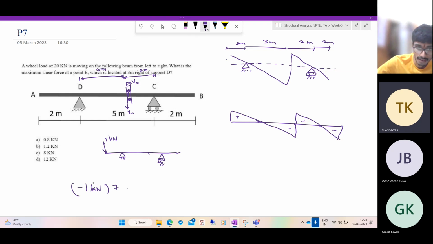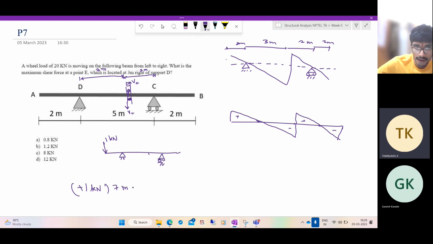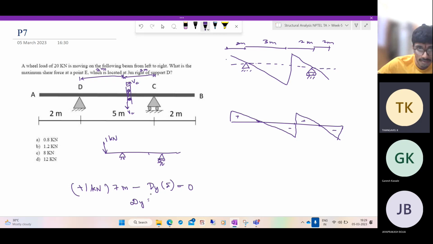It's clockwise, counterclockwise, right? So plus 1 kilonewton into 7 meters minus dy into 5 meters is equal to 0. So we get dy as 7/5 kilonewtons per 1 kilonewton.